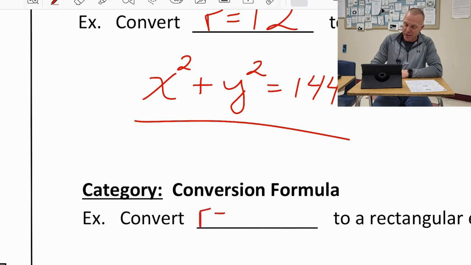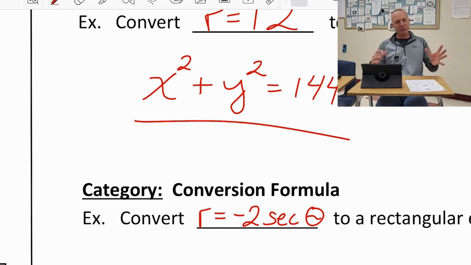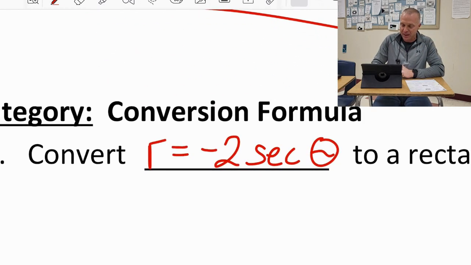All right, there's one other type of equation. It's kind of represented by a conversion formula. What do I mean by a conversion formula? Well, basically a formula in the form of r equals a trig function. So it's different from the other two. What you have to see here is that the secant really would rather be on this side.